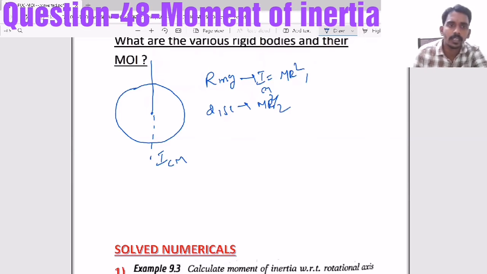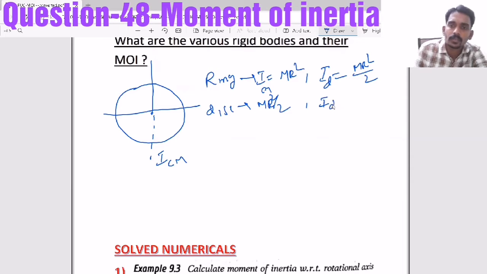Similarly, when you consider the diameter, for the ring about the diameter, the moment of inertia is mr square by 2, sorry, for the ring about the diameter, this is mr square by 4.